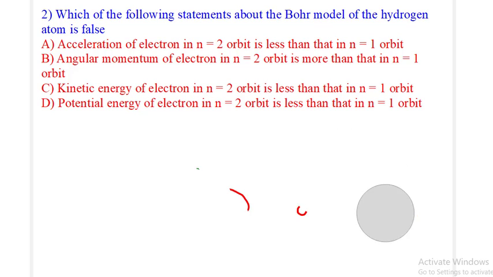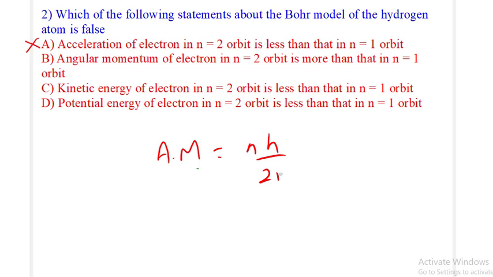We want to find the wrong statement, so this option is gone. Now next: angular momentum of electron in n equal to 2 is more than that in n equal to 1. So what is the expression for angular momentum? According to Bohr's theory, angular momentum is nh upon 2 pi.